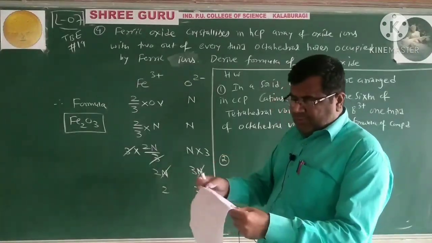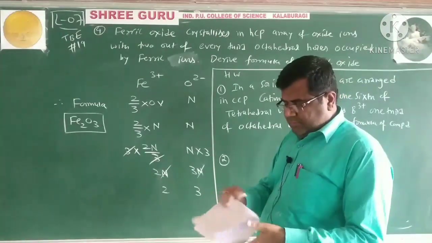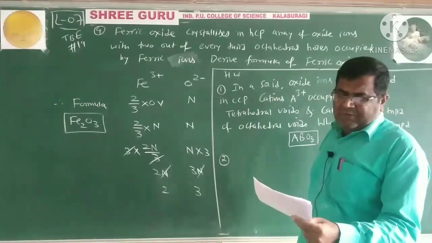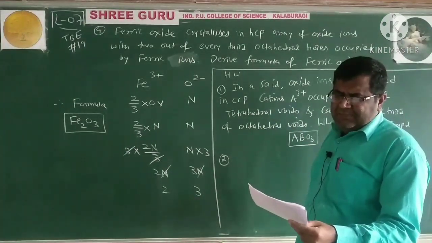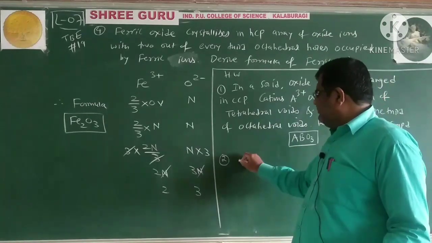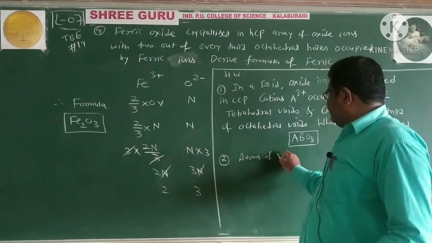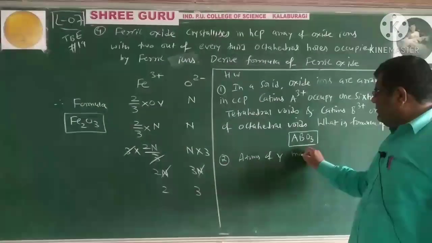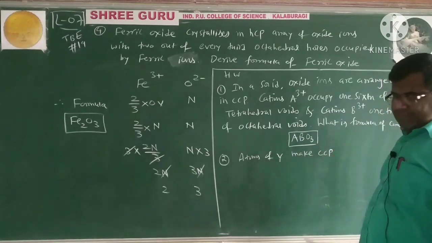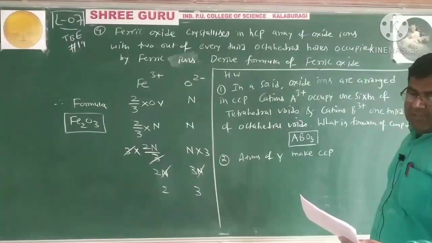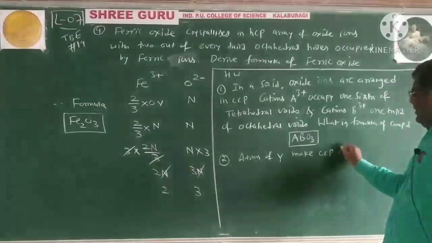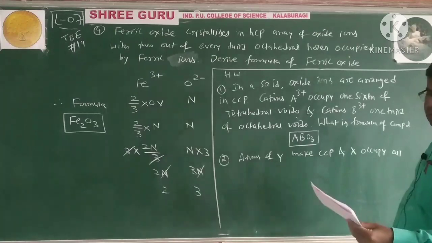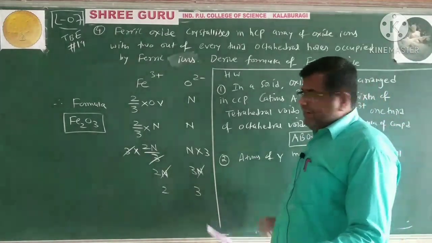One more question as homework. A compound is formed by 2 elements X and Y. Atoms of Y make CCP, and X occupy all octahedral holes.